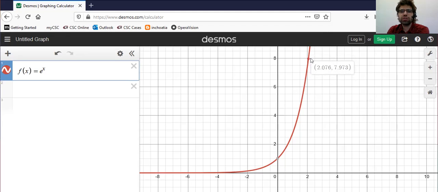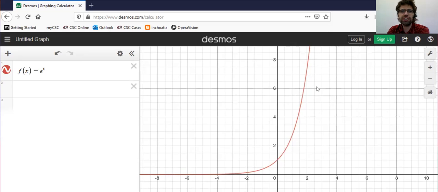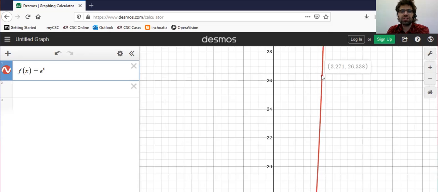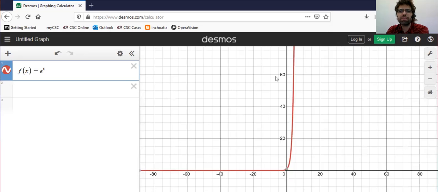When x is 2.076, e to the x is 7.973, and it's growing at a rate of 7.973. So we see this very fast acceleration because as x increases, its growth rate is also increasing.